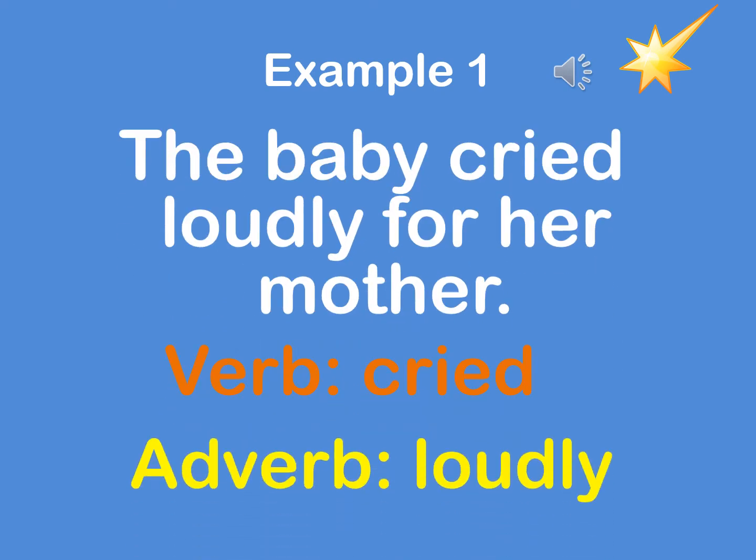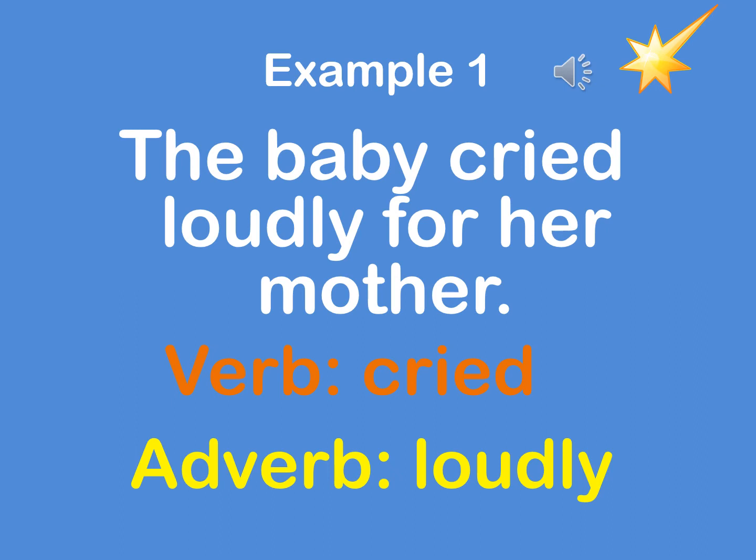Now we will start with the first type, adverbs that tell how. Remember the two steps? Number one is to find your verb, and number two is to ask one of these questions, how, when, or where. Here, we will ask how. Okay, let's see the example.